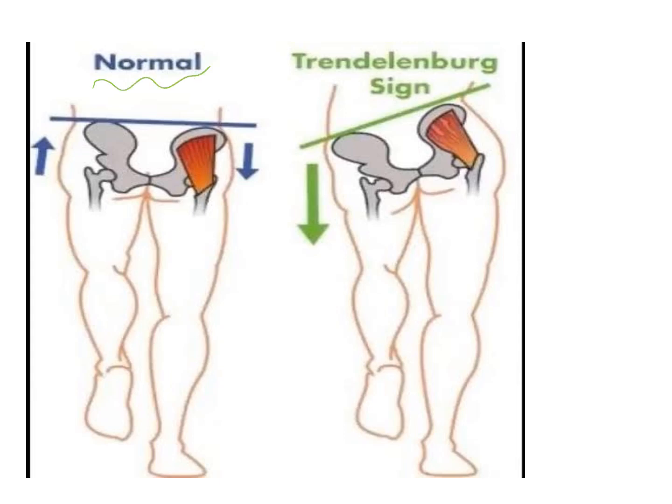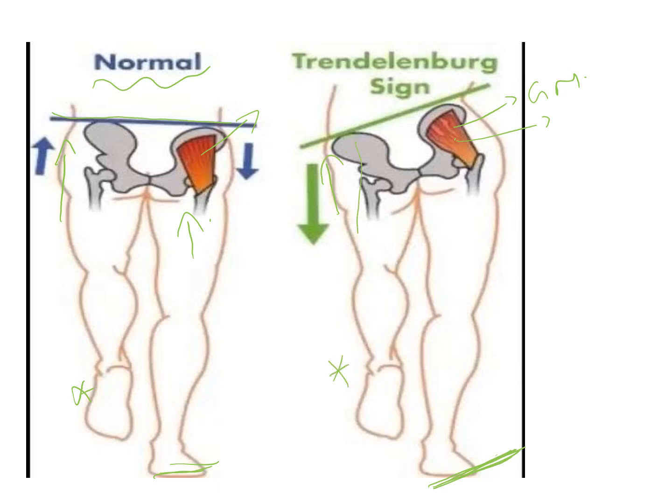So normally, when the person is standing on one foot, the supported side, mainly the gluteus medius and minimus muscles, will lift the unsupported pelvis and maintain the same level. But in case the gluteus medius and minimus muscles are paralyzed and the person is standing on the paralyzed lower limb, this fails to lift the opposite pelvis of the unsupported side.